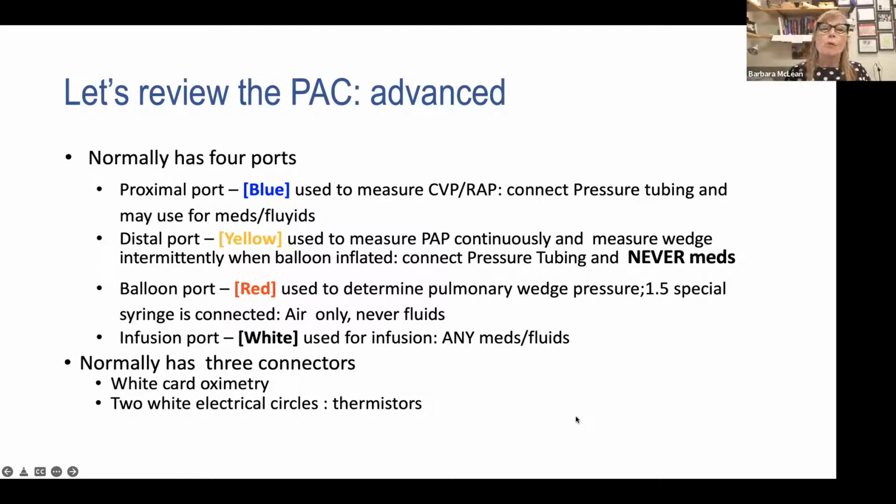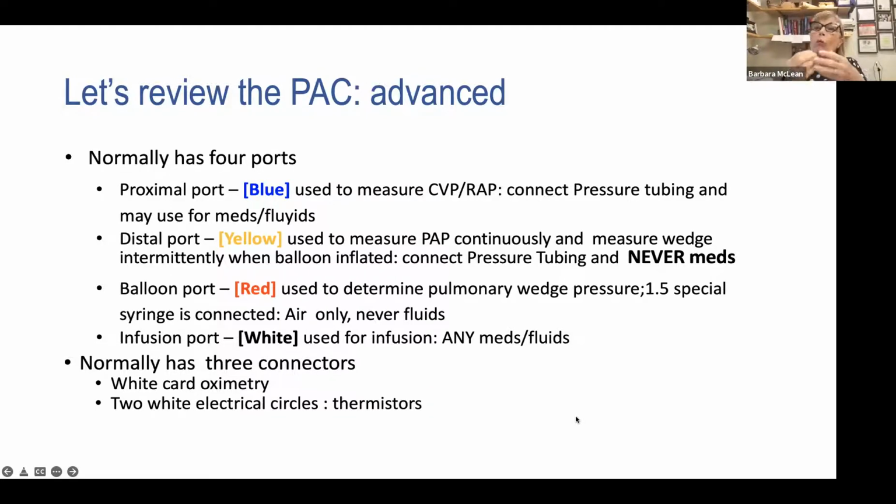The distal port, which is the yellow component of the catheter, actually ends 100 centimeters away at the distal tip of the pulmonary artery catheter. And that distal tip is used to measure pulmonary artery pressure continuously. And you will connect pressure tubing to that.